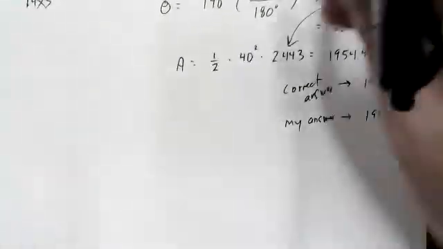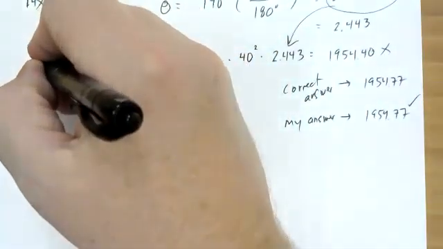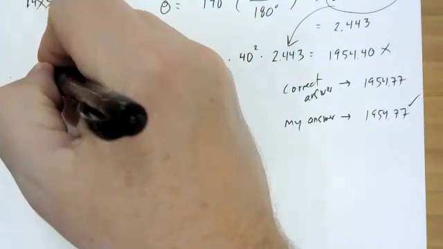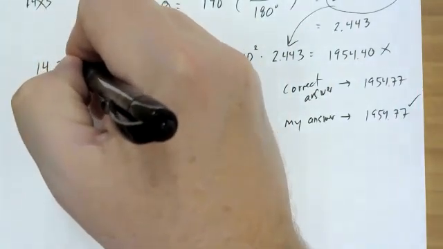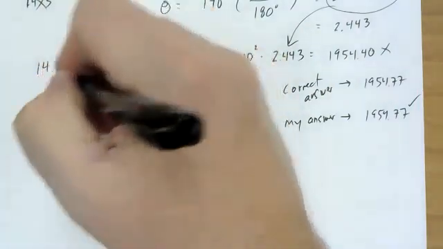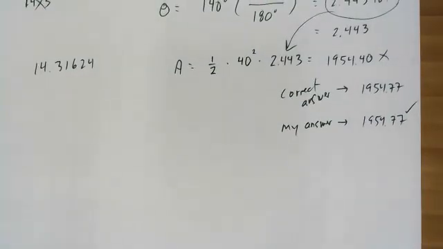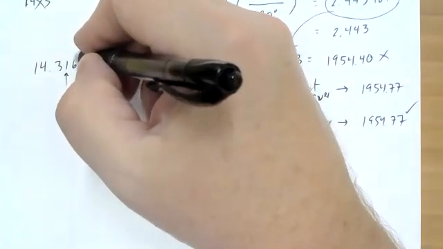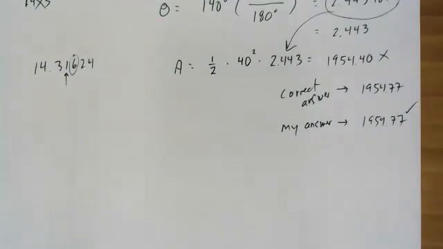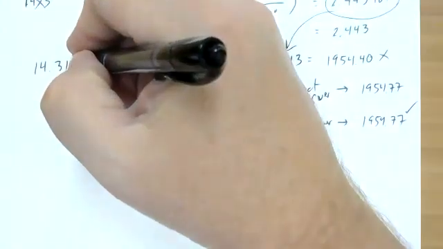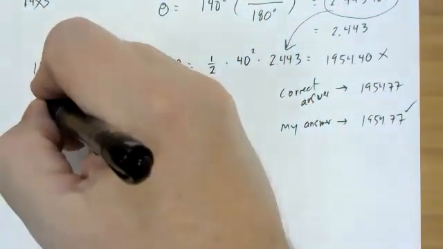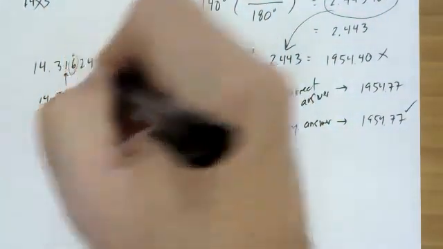And hopefully everybody remembers rounding, right? So if my answer is 14.31624, and they ask me to round it to 2 decimal places, so this is going to be my last digit. So you always look to the next digit, and if it's 5 or above, then you round up, right?